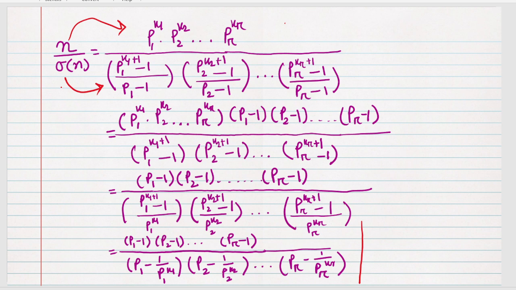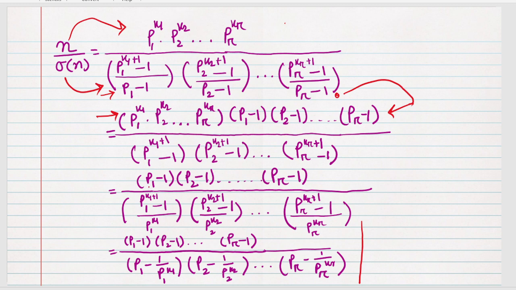In our previous slide also I told you how we can find the value of sigma n. Here we are taking the denominators, p1 minus 1, p2 minus 1 and pr minus 1, and we are taking the denominator of our sigma function in the numerator.